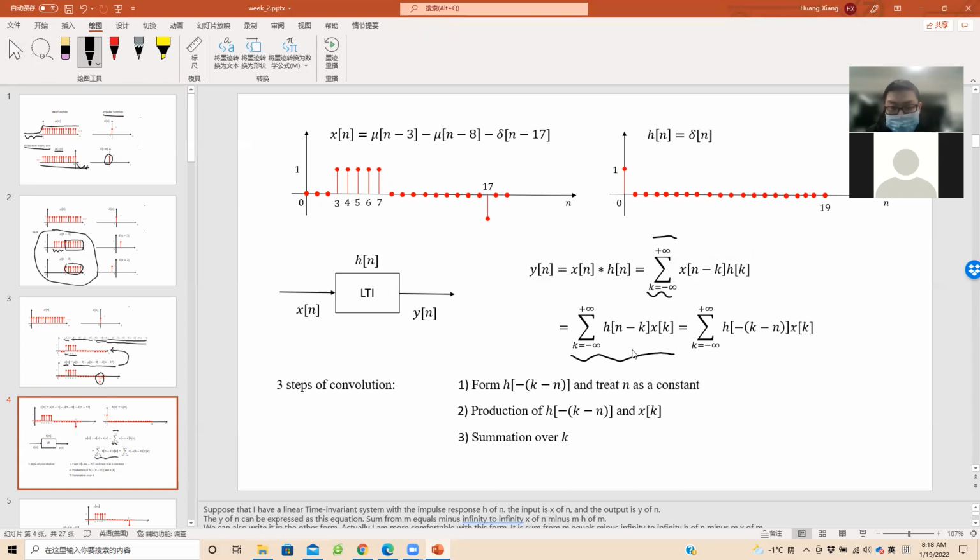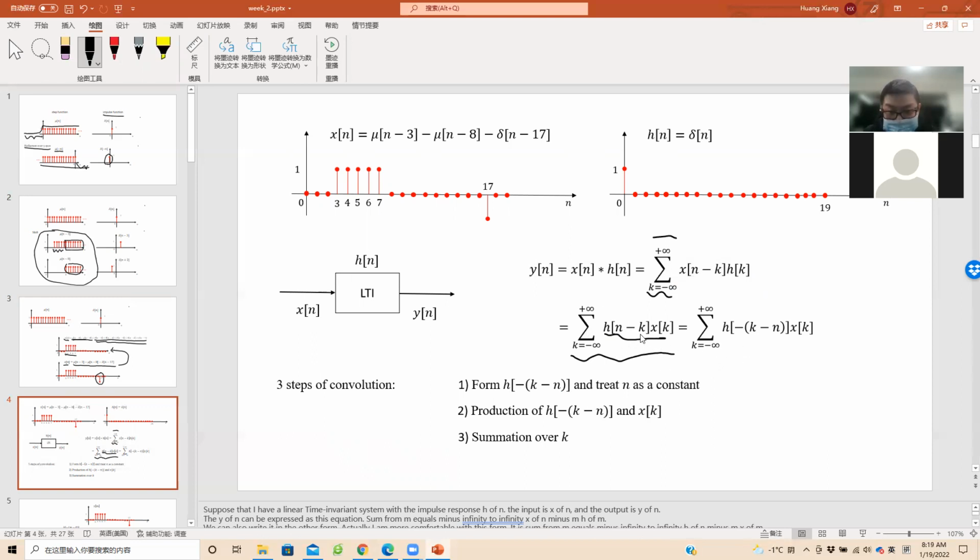Actually, I'm more comfortable with this form: the sum from k equals minus infinity to infinity, h of n minus k, x of k. The difference between these two equations is that I just changed the order of these two symbols. You may notice that.